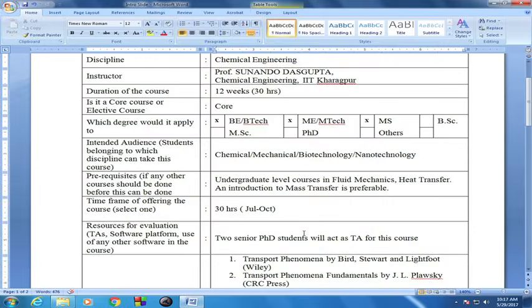I have been teaching this course for quite some time, so I have a fair idea of what is going to be needed when trying to convey some ideas to the students. And this course will also have tutorial components where two of my senior PhD students would help me in designing and in answering some of the questions that you may have regarding whatever I have taught in the previous classes.